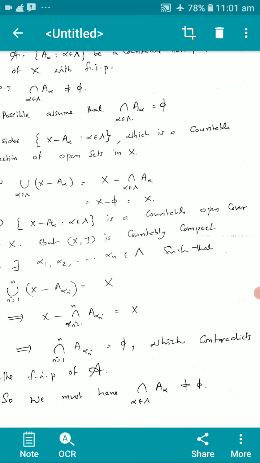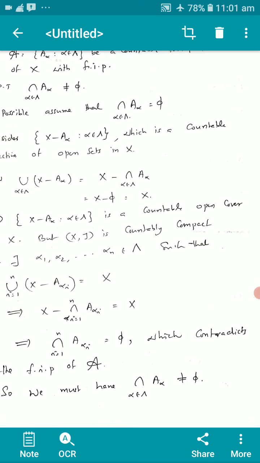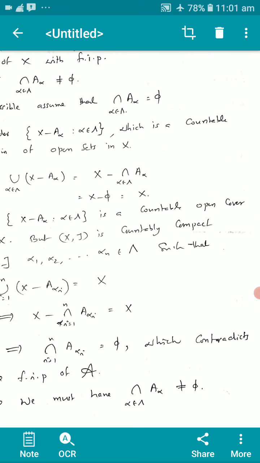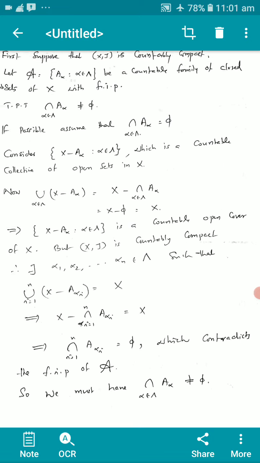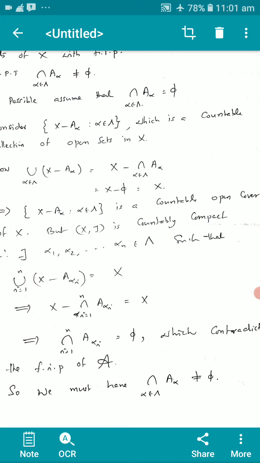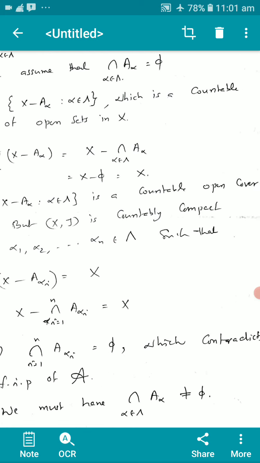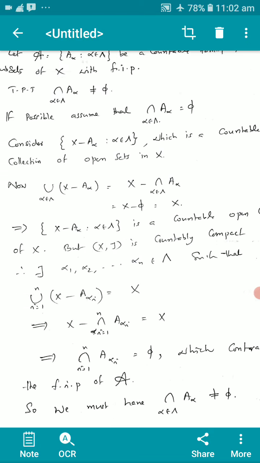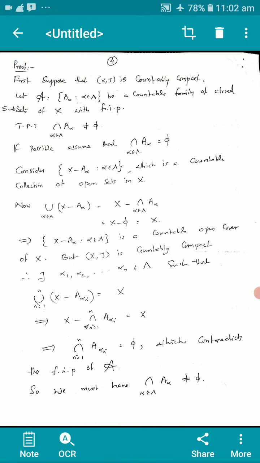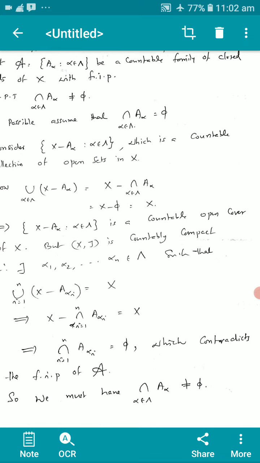So consider the complement, that is the collection X minus A_alpha, where alpha is in the index set, which is a countable collection of open sets in X. Now the union of X minus A_alpha, where alpha is in the index set, is equal to X minus the intersection of A_alpha, which is equal to X minus phi, which is equal to X. So what we are getting is that the collection X minus A_alpha, alpha in the index set, is a countable open cover of X.